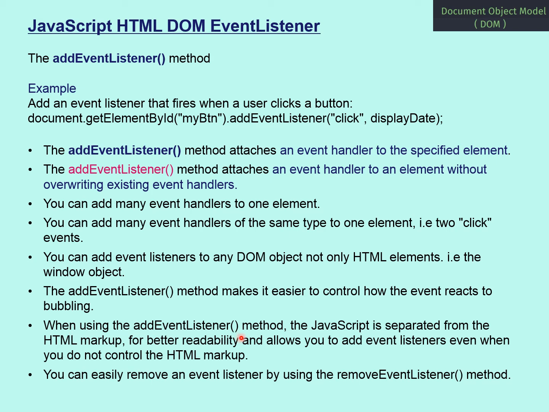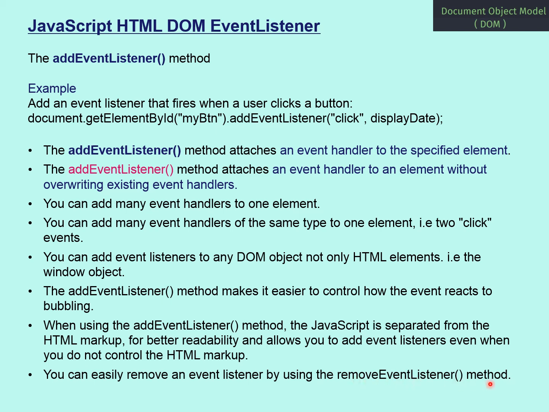When using addEventListener, the JavaScript is separated from the HTML markup for better readability, and it allows you to add event listeners even when you do not control the HTML markup. You can easily remove an event listener by using the removeEventListener method.